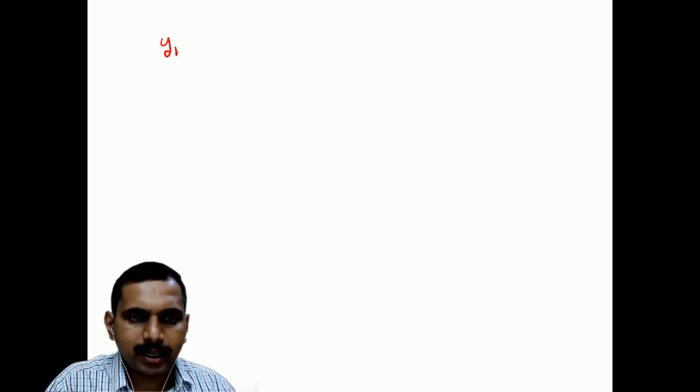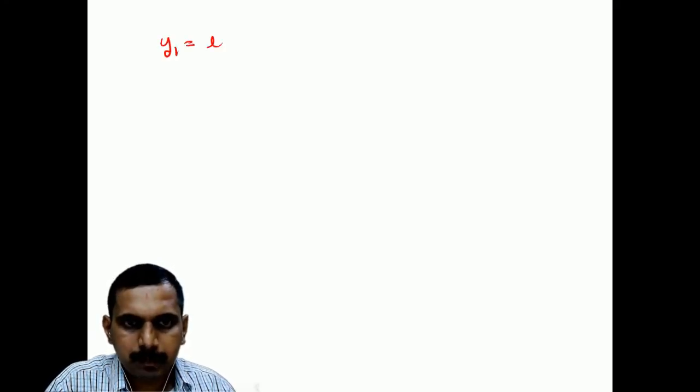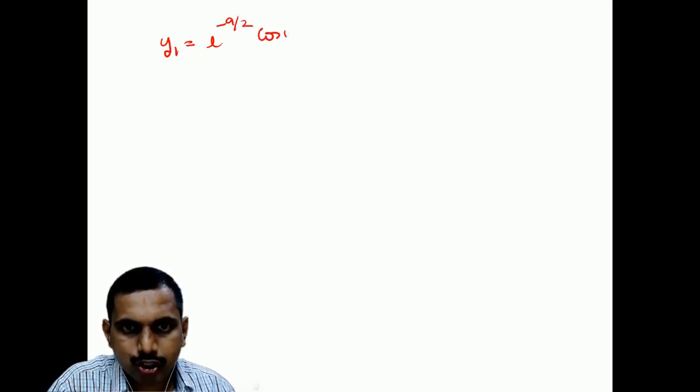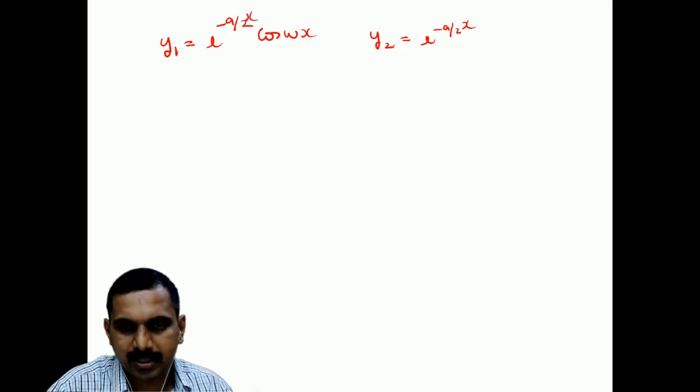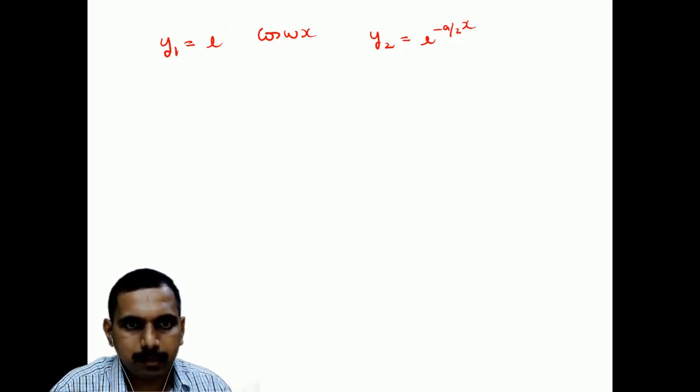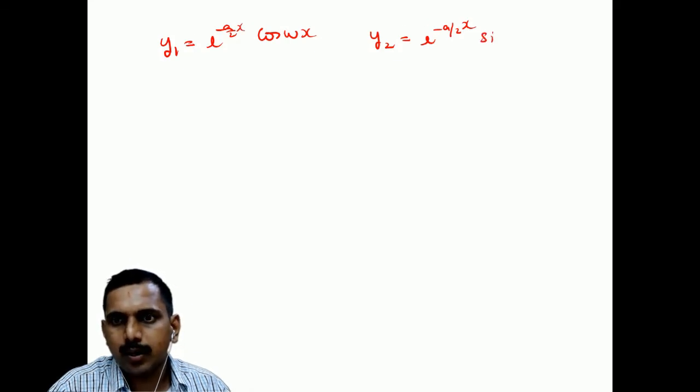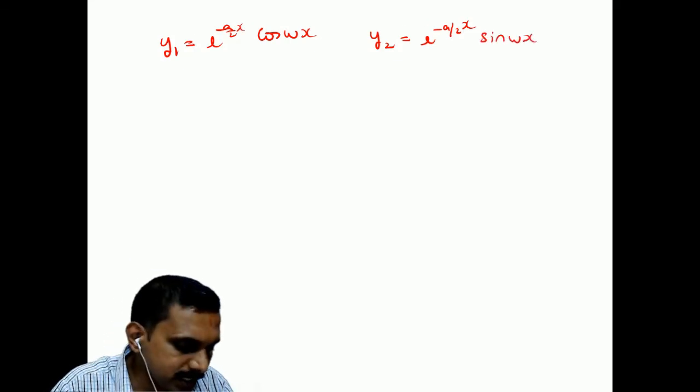But think also. So what happens? We have y1 equal to e power minus a by 2 x cos omega x, and y2 equal to e power minus a by 2 x into sine omega x. I'm sorry, I missed the x here. So what is the general solution?